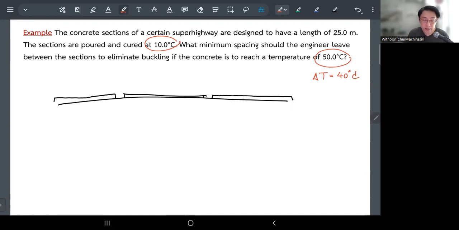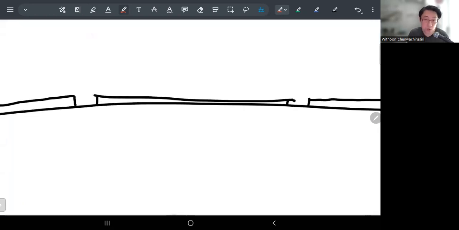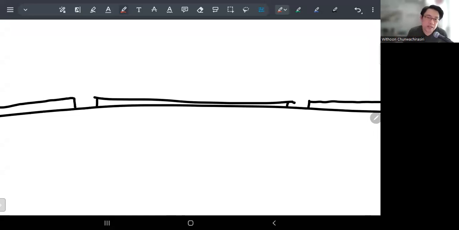Because this is a freestanding block of concrete, when things get hotter it's going to expand in all directions. Even though we look at a side view, we only care about the length. The total change in length is going to be delta L, which is alpha times the starting length L times the change in temperature.